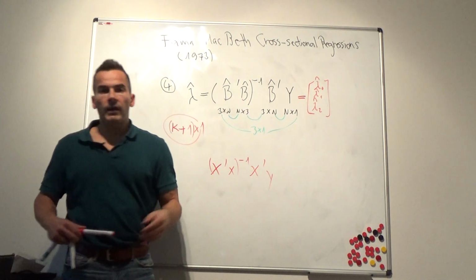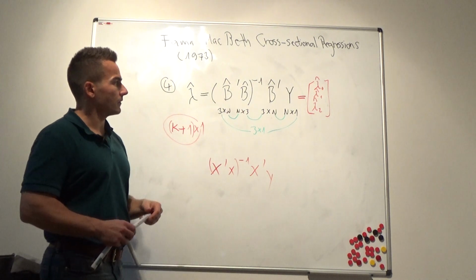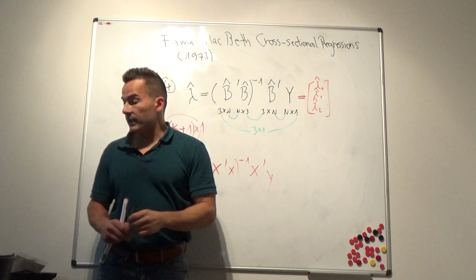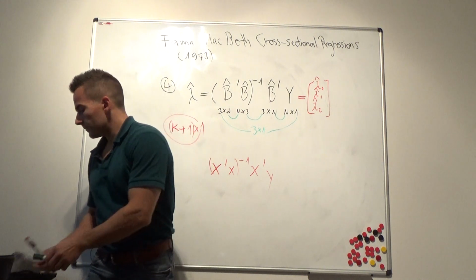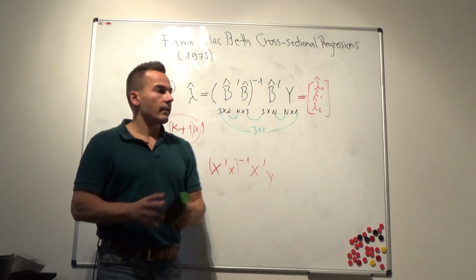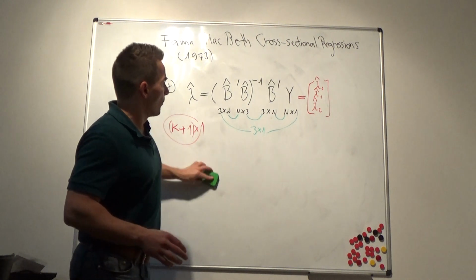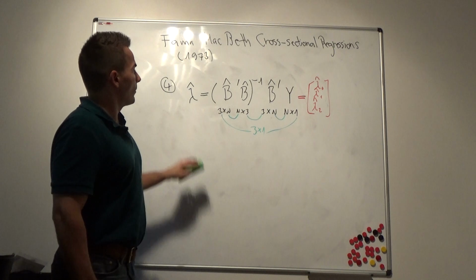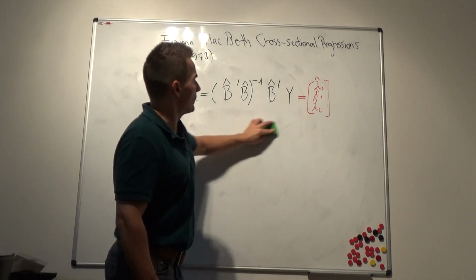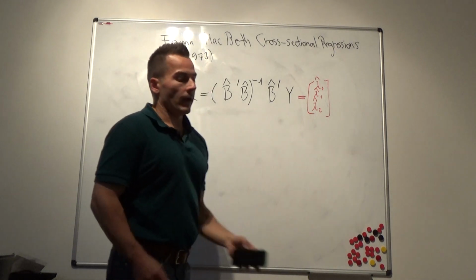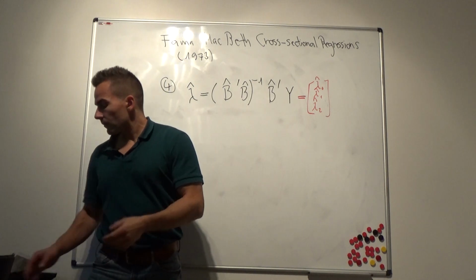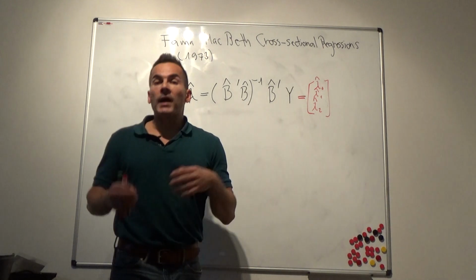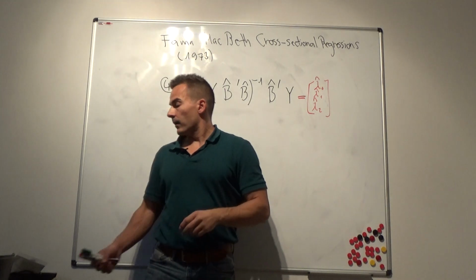So now the question arises, how do we get the t statistics for our lambda vector? There are obviously many different possibilities that people proposed in the literature, and you will read something like the Shanken correction, and so on and so forth.